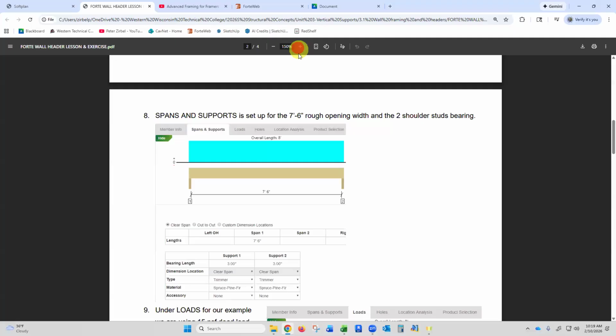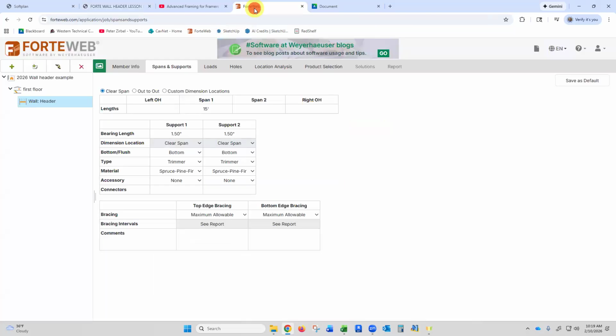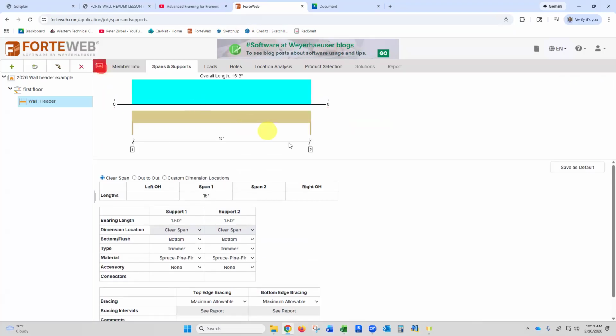If you're following your script, this is item number 8. We're going to set it up for the 7'6" rough opening width and the 2 shoulder stud bearing. So let's go ahead into Forte and set this up like that. We're going to click on the green picture to show it.